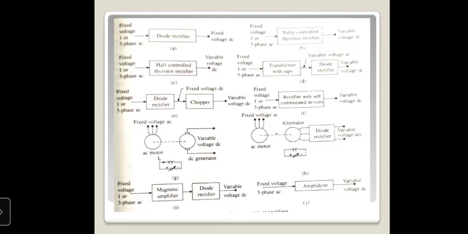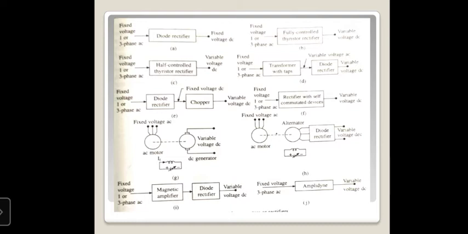Suppose I have a fixed AC voltage and the output should be variable DC, but only diodes are available. There is no thyristor available. Then is there any procedure to fulfill our purpose? We have a fixed AC voltage.